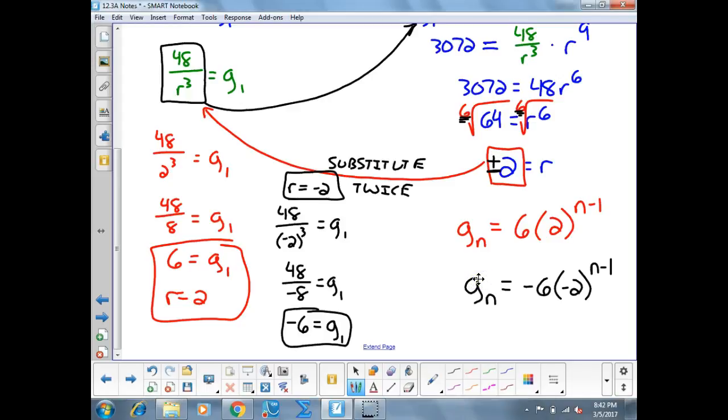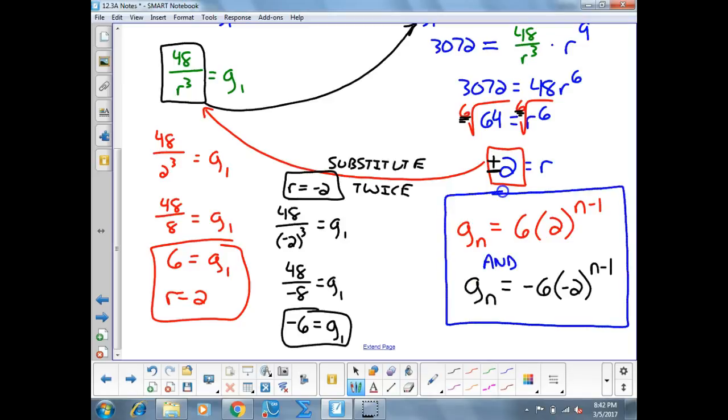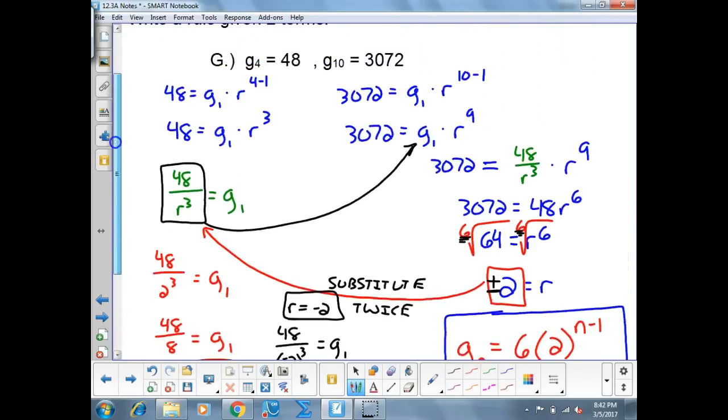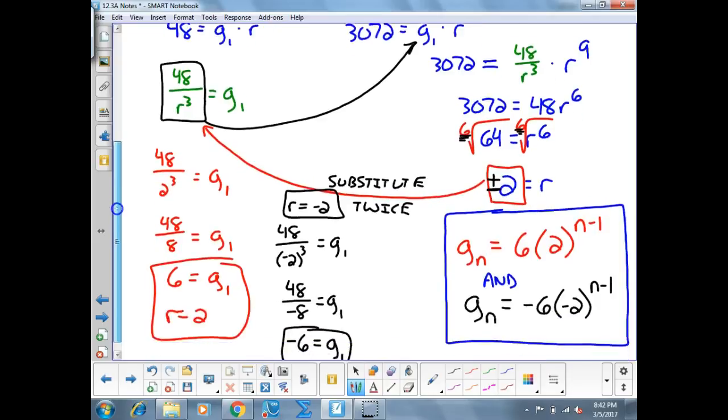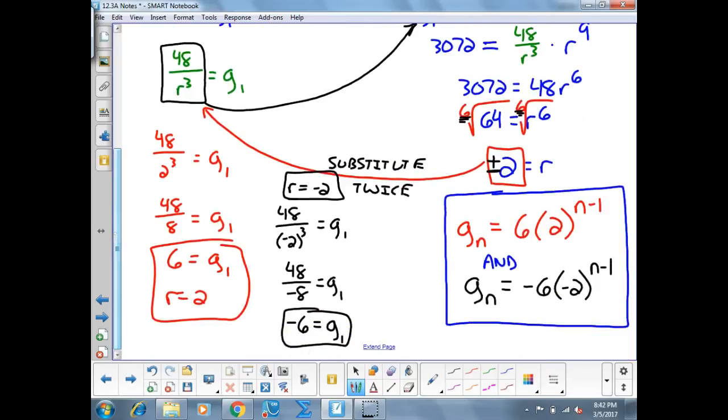And both of those are my answer, because both of them give me 48 for the 4th term and 3072 for the 10th term. Okay?